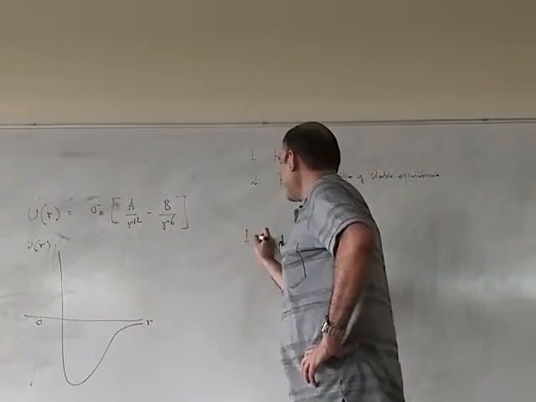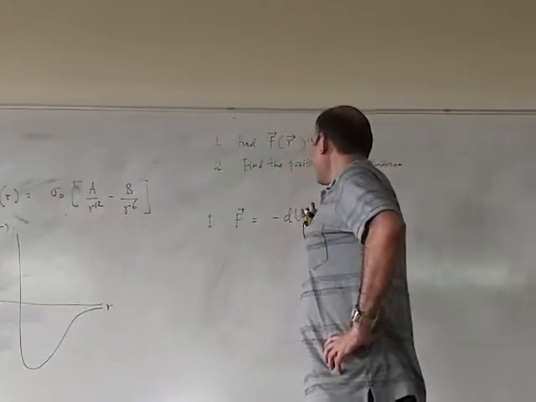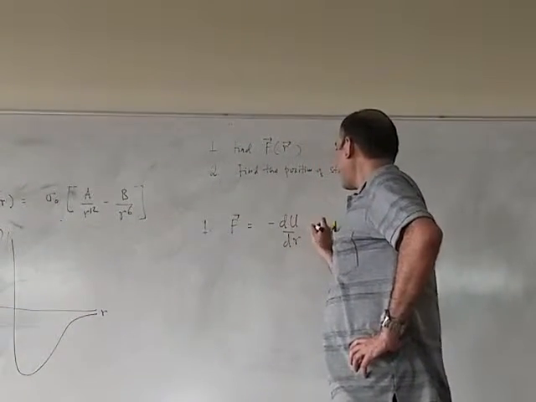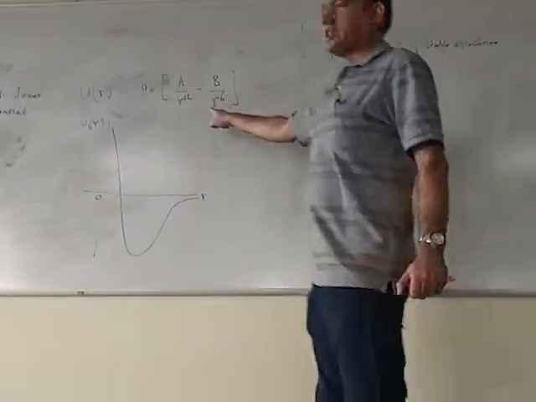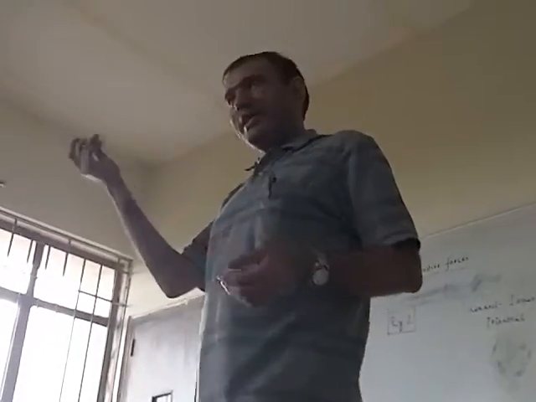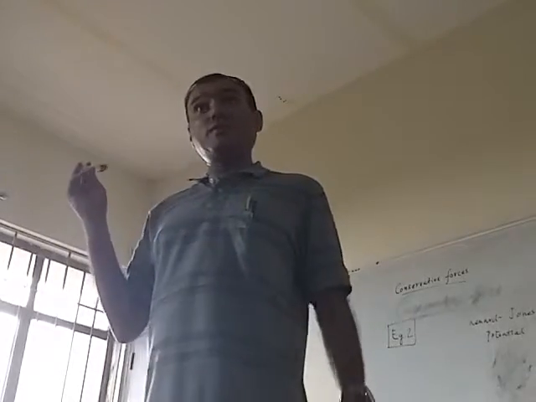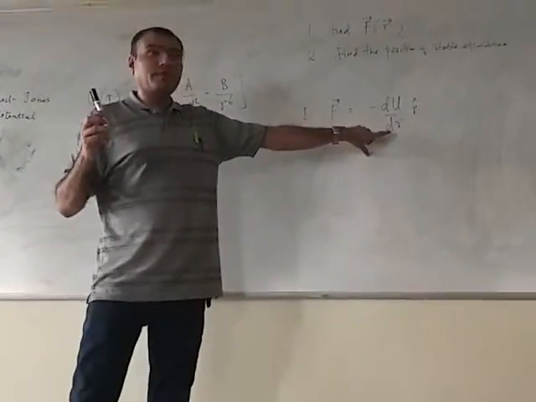So number one, in order to find out F, you just have to do dU/dr r hat, because the potential energy is only dependent on r. Had it been dependent on theta and phi and so on, then this wouldn't have been possible. You just write it as minus dU/dr.